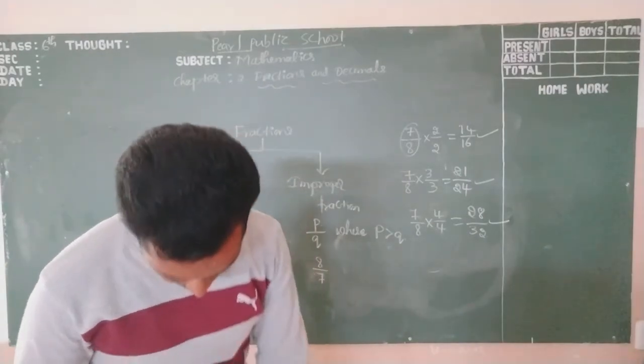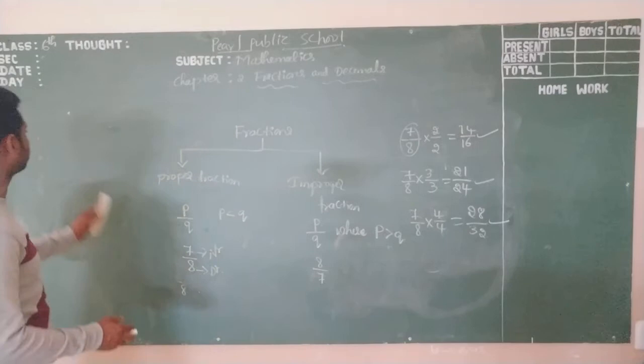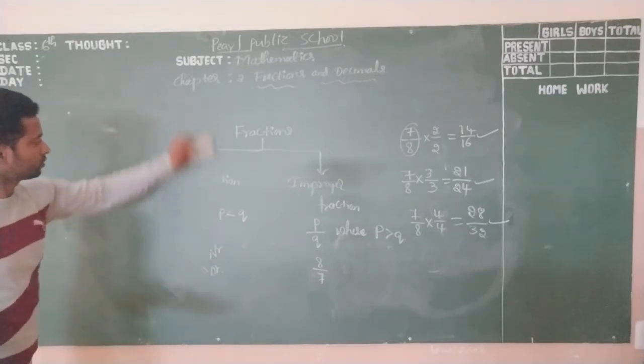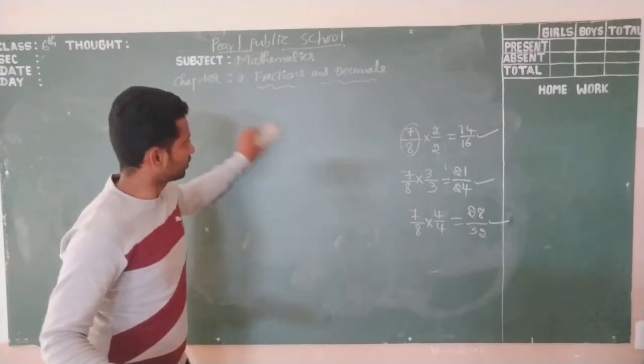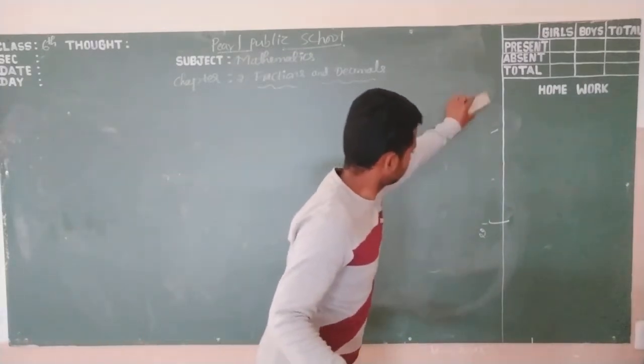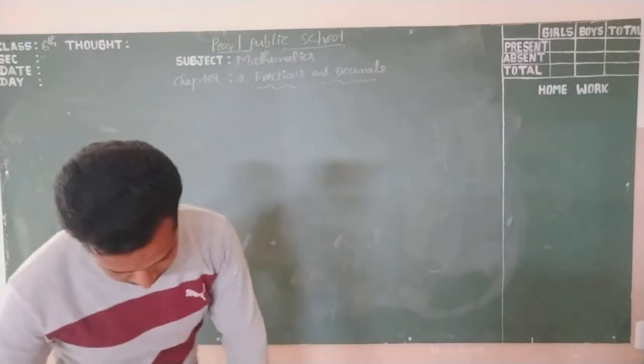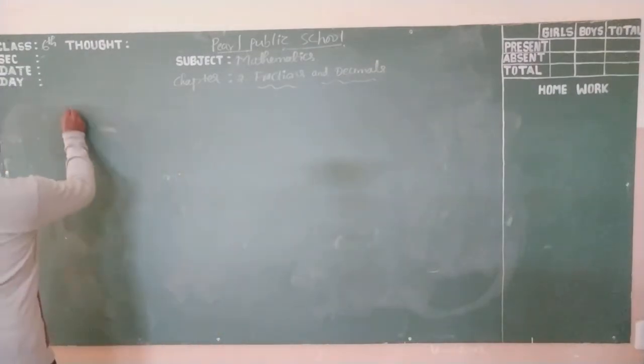Worked example: write 5 equivalent fractions of 3 by 5.